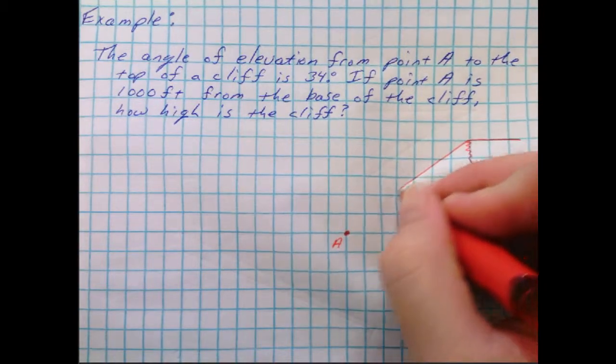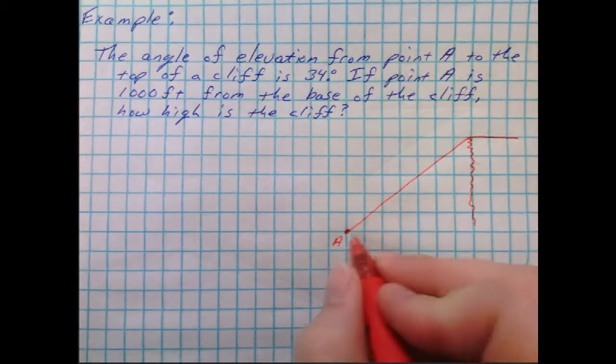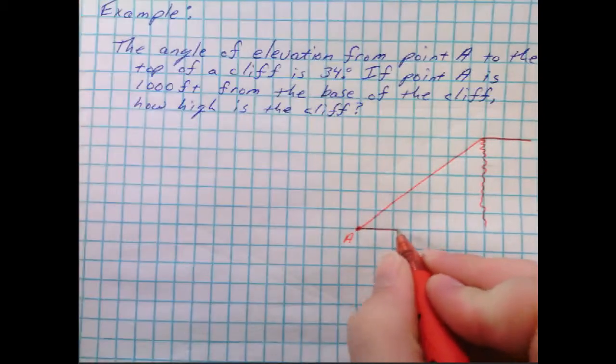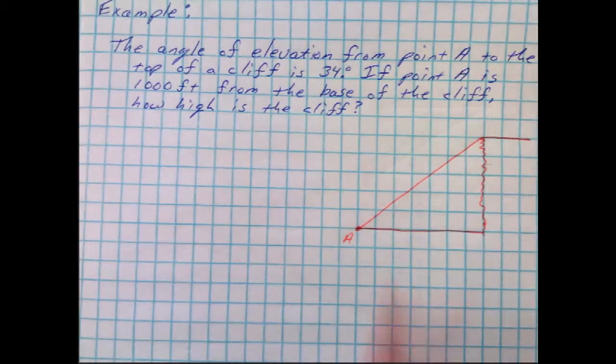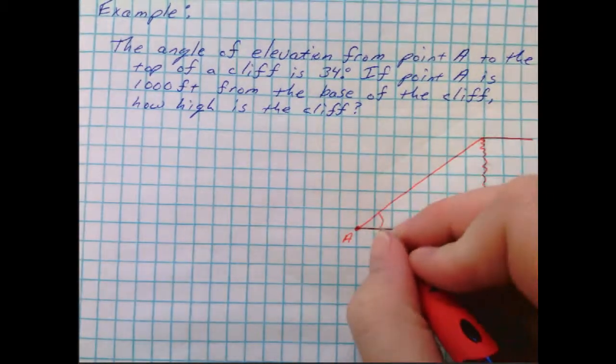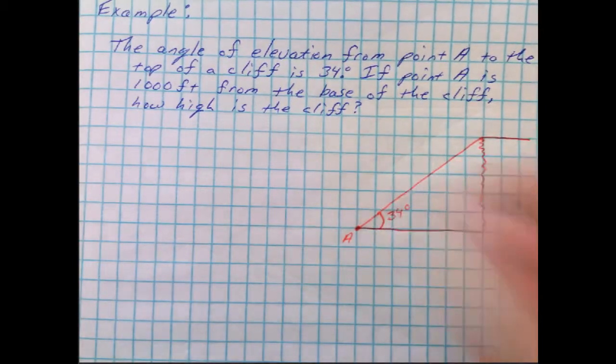I'm just going to draw a line from A to the top of the cliff. And then if you remember, we said it's with the horizontal. So we're going to go straight out there. This is my angle of elevation, and that is 34 degrees.